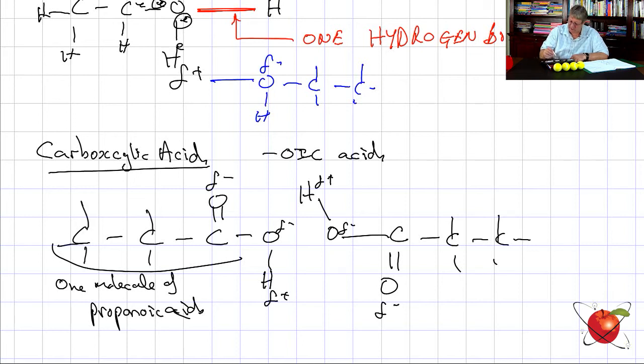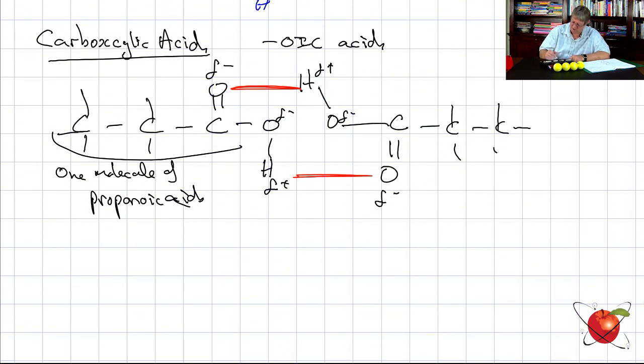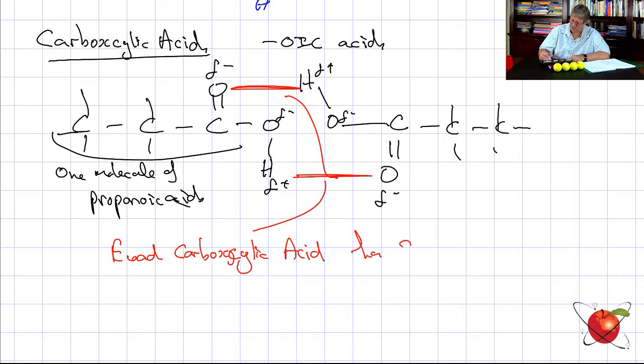Look here, what do we have? We've got a hydrogen bond and a hydrogen bond. So each carboxylic acid has two hydrogen bonds.